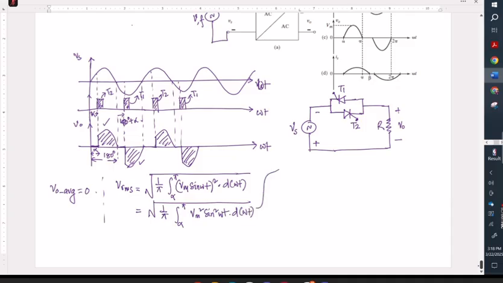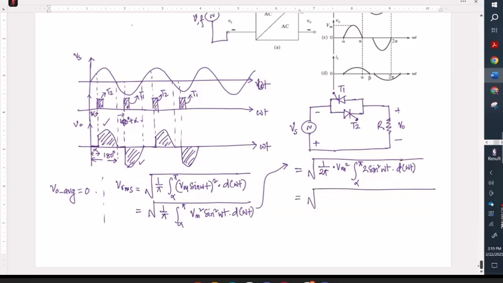Okay, so if I take it down here, that should be equal to 1 over 2 pi, because we will take 2 multiplying here. So it should be Vm square, alpha to pi, 2 sine square omega t multiplied by d of omega t.